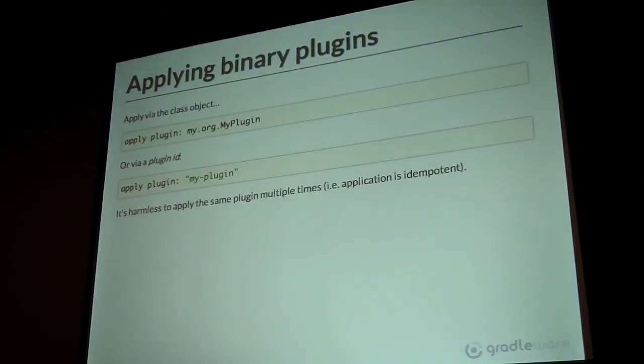I could tell them, please use org.mycompany.myplugin, but I'm not sure if that's good enough. So we might eventually add some namespacing control, but we don't currently have it. What you can always do, I already had that once between a third-party plugin and a Gradle plugin, is drop back to the class. If that's unique, then it's not as nice, but at least it solves your problem.